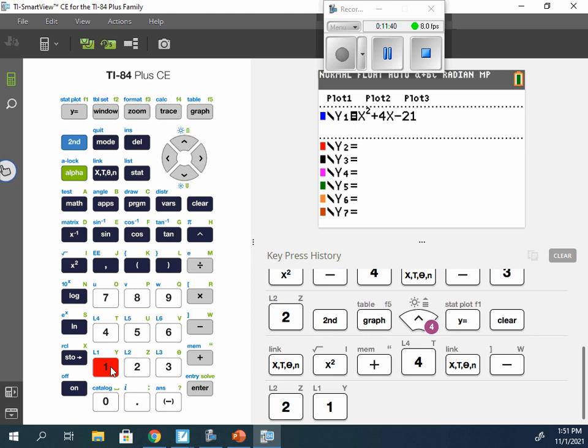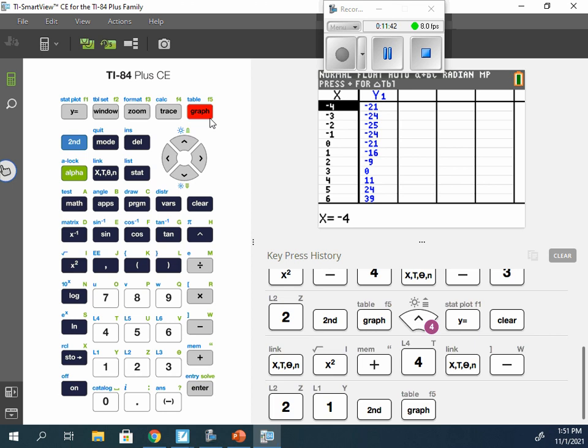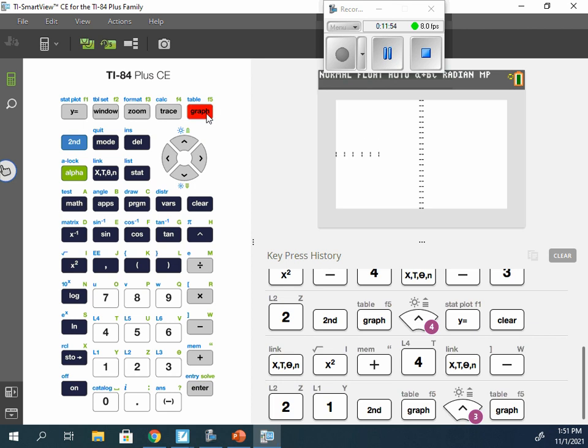And once we get it typed in, we can go second graph. And we want to see when the y value is 0. Now we can also look at the graph itself, because if I look at the graph, there are two places where it crosses the x-axis.